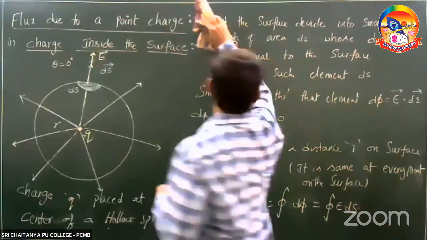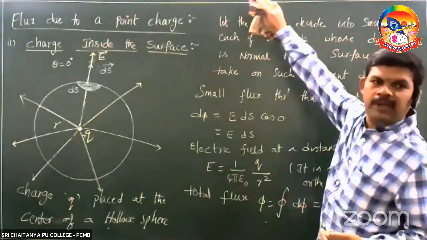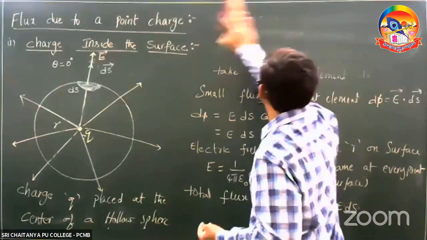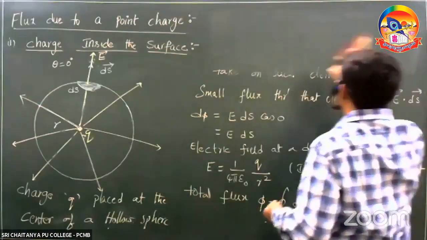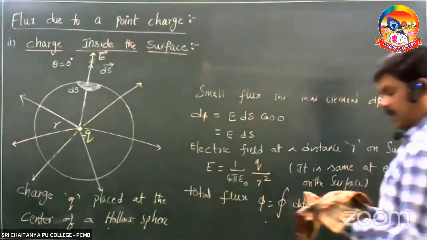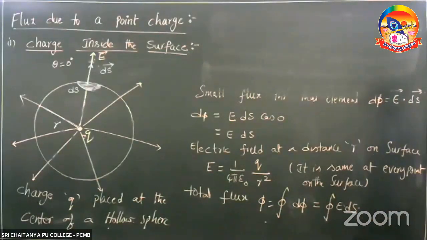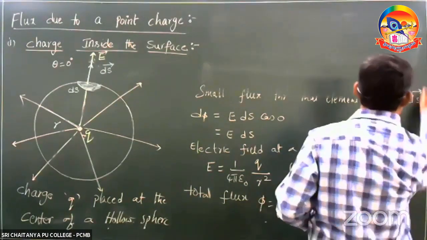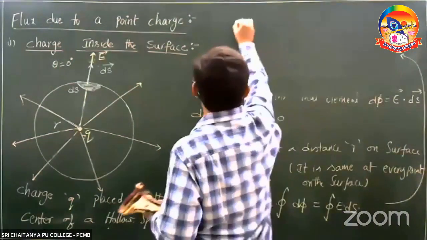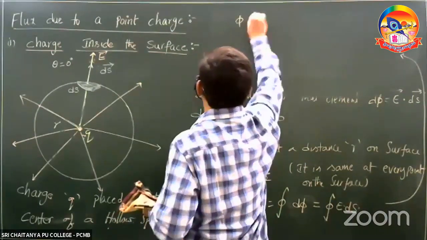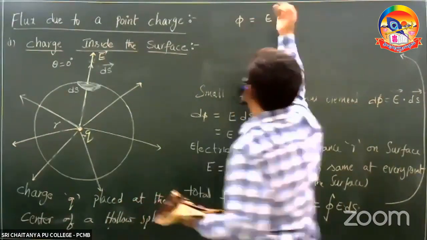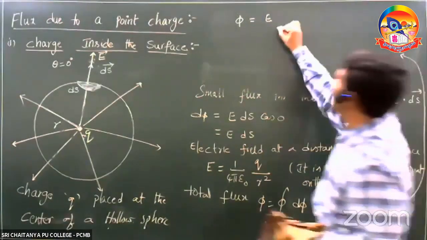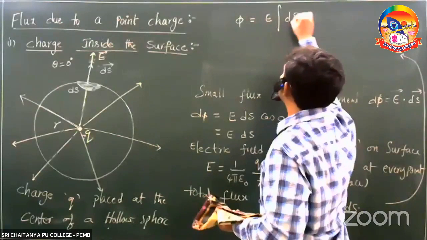I write it here. Okay. See, integral E ds. φ equals E, constant everywhere, E constant at each and every point, times the integral of ds.